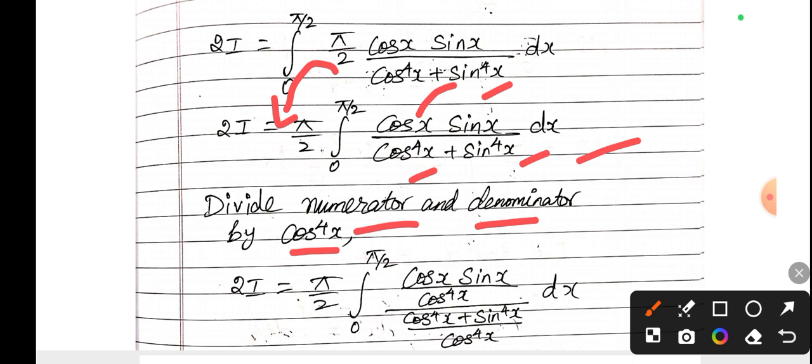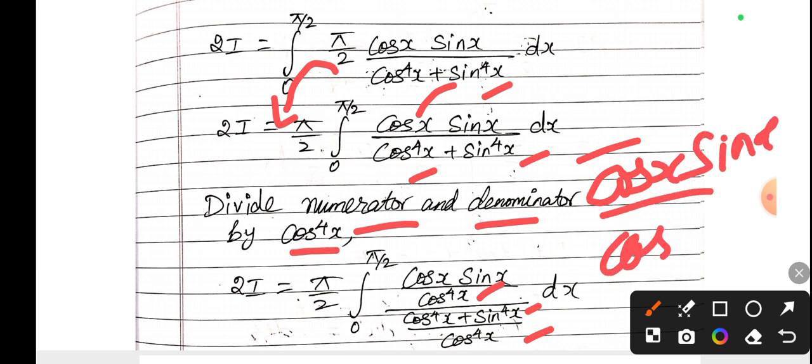So cos x sin x by cos power 4x, and cos power 4x plus sin power 4x by cos power 4x. You know very well this cos x sin x by cos power 4x. This cos x and cos power 4x, if you cancel one cos x, you will get sin x by cos cube x.